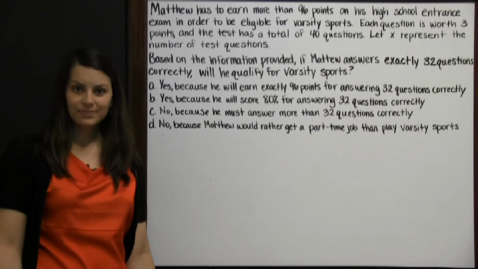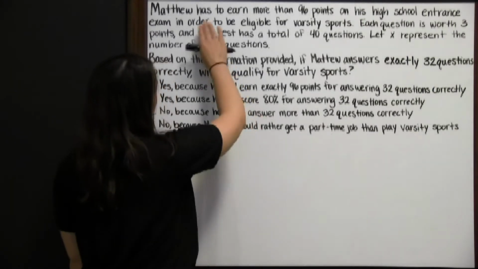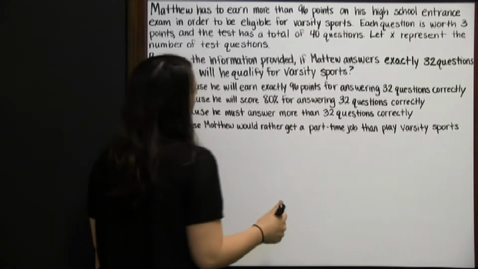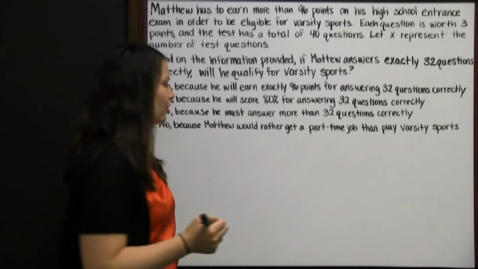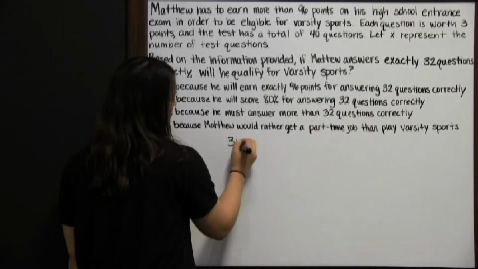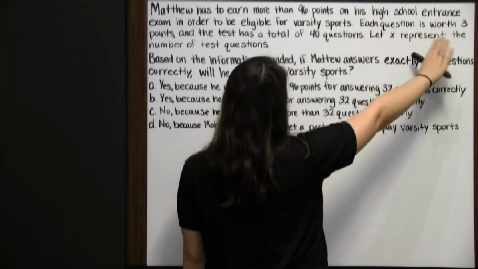Well, let's see. We're told that Matthew must earn more than 96 points. So the number of points Matthew earns, which is 3 points per question, that comes from the second sentence.